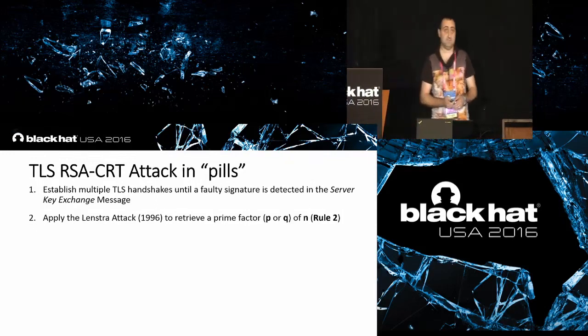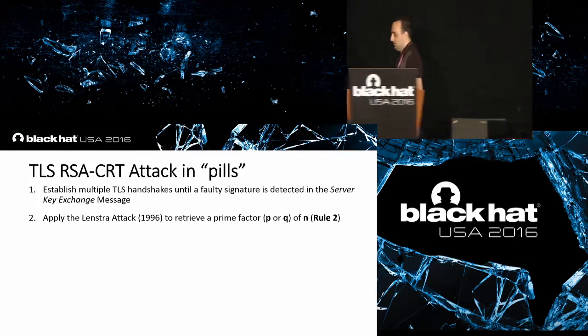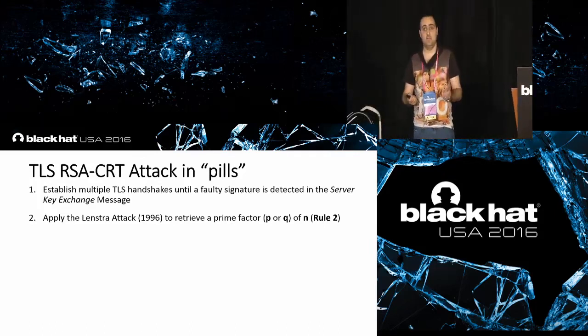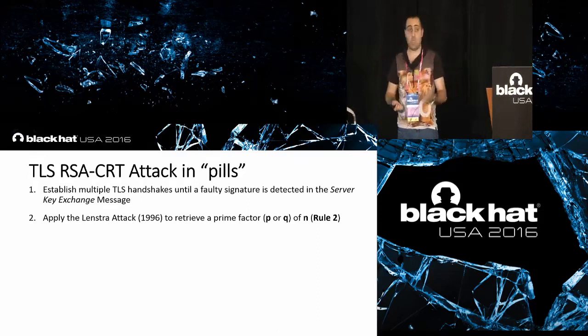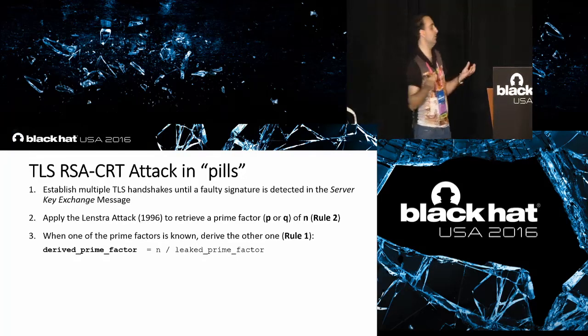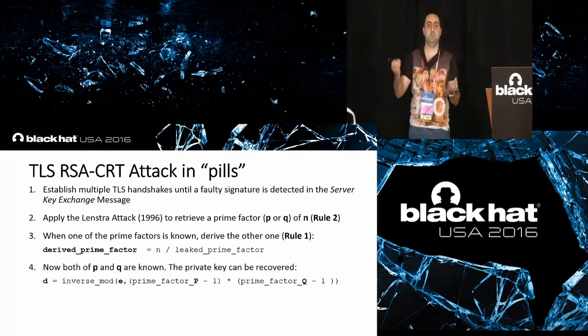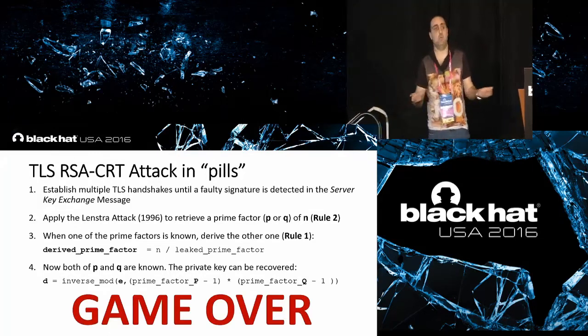When a faulty signature is detected, the Lenstra attack is executed, and this allows us to derive one of the prime factors of the public key, whether P or Q, it doesn't matter. When we have one prime factor, we can derive the other one very easily, as I showed you previously. And once you have both P and Q, you can calculate the private key. And this is game over.